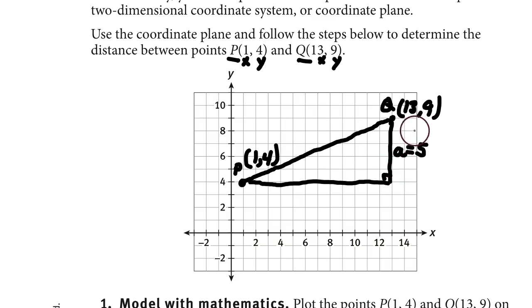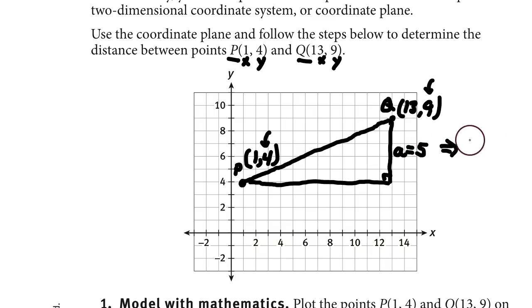Now I want you to notice that we can find the 5 units by counting the grid squares or by using the y-coordinates of the points. That y-coordinate is 9 and that y-coordinate is 4. If you subtract 9 and 4, that makes 5.